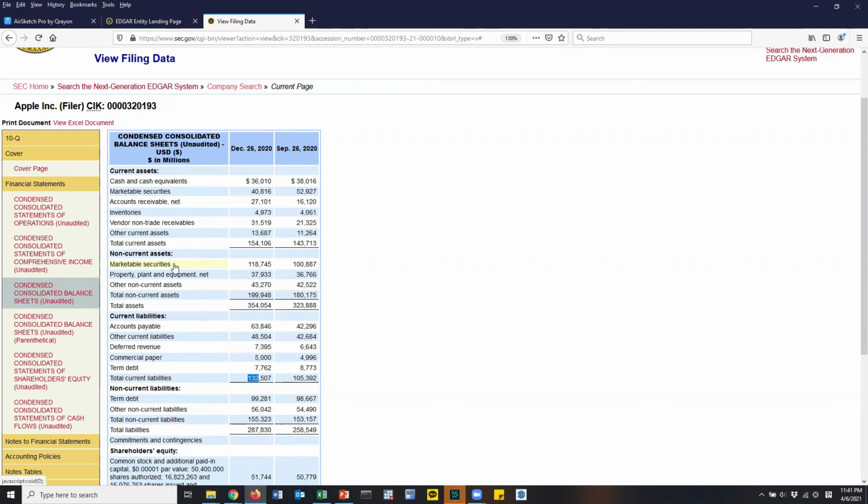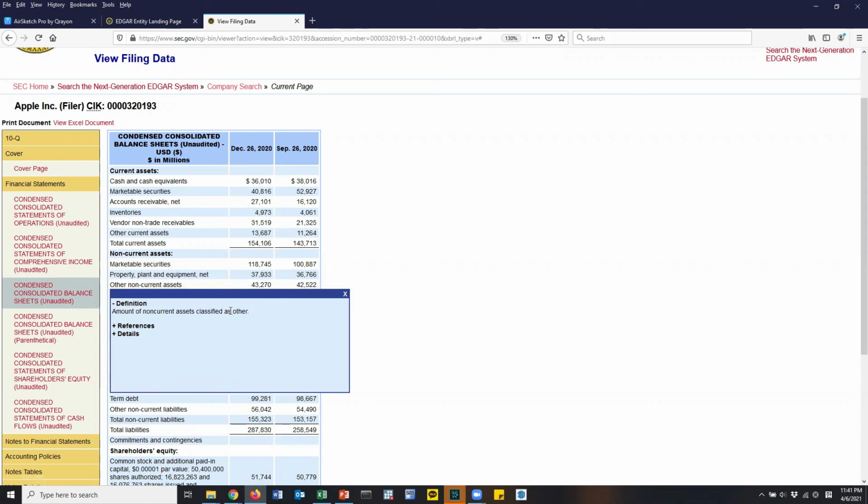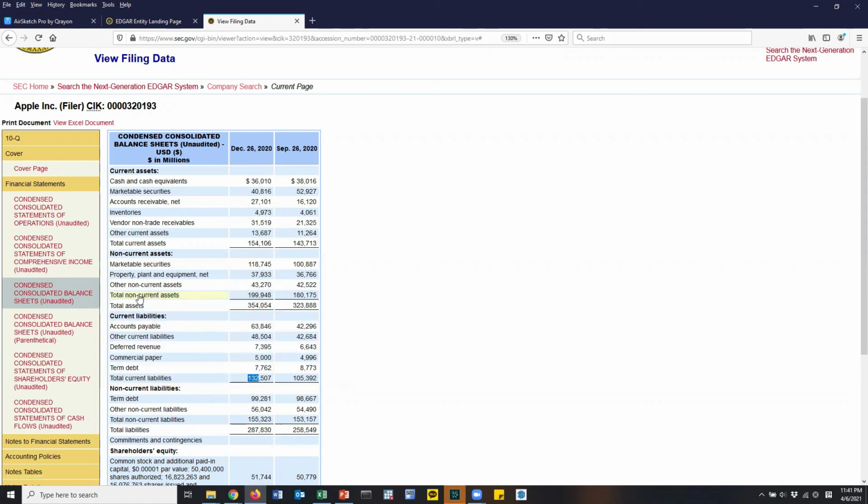So they classified them as non-current assets, along with PP&E and other non-current assets. Their total non-current assets is 199, which is a sort of similar or slightly higher than total current assets. Adding the two, you have total assets of 354.